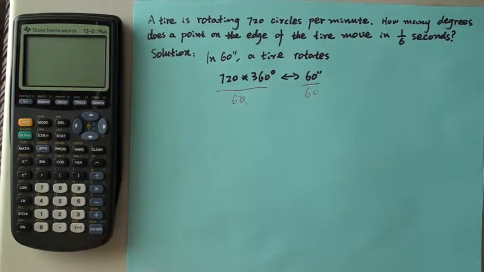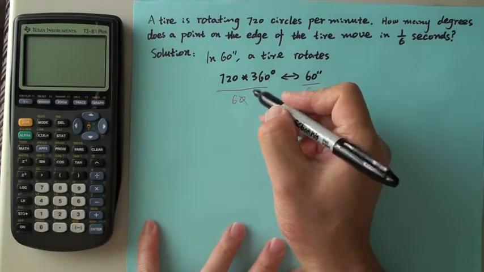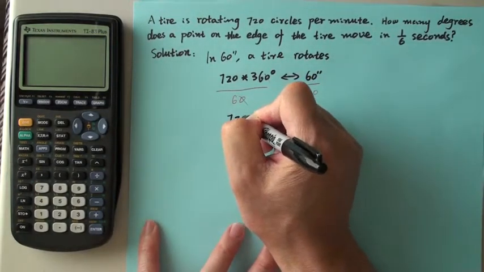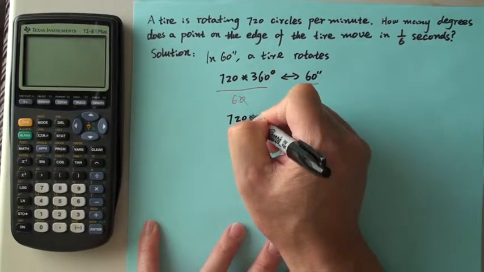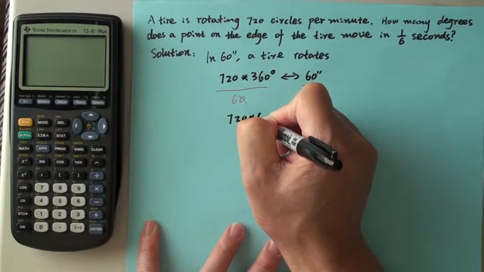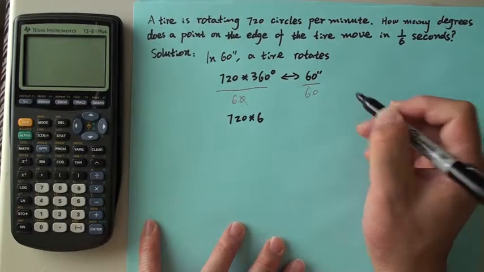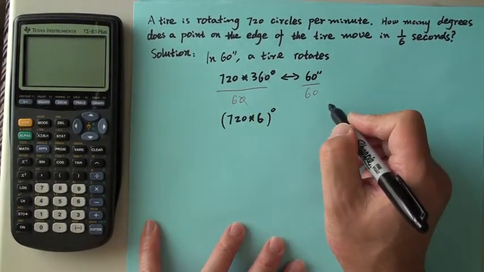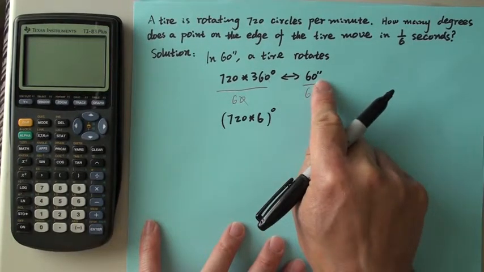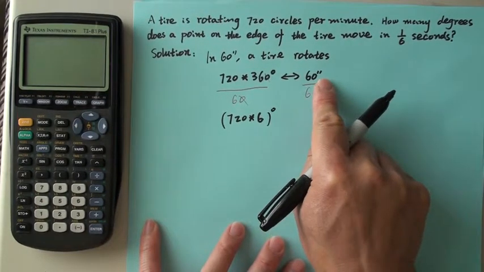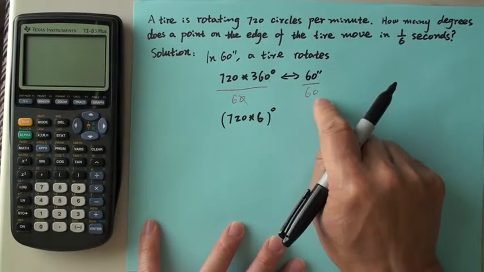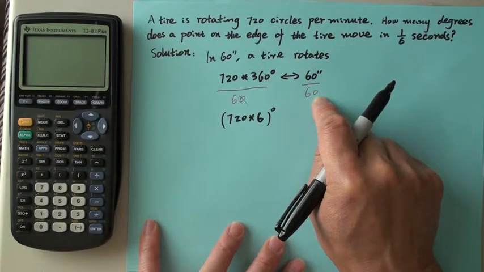So basically here it tells us that you have 720 times 6 degrees per what? 60 divided by 60, so it's 1 second. 60 seconds divided by 60 is 1 second.